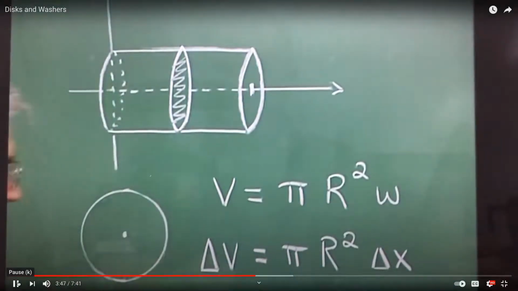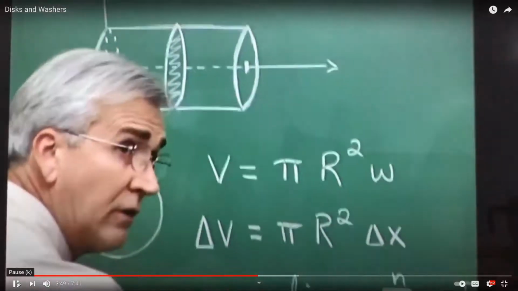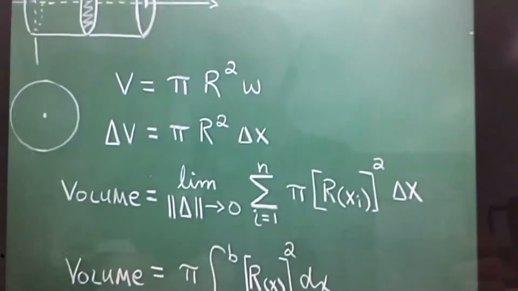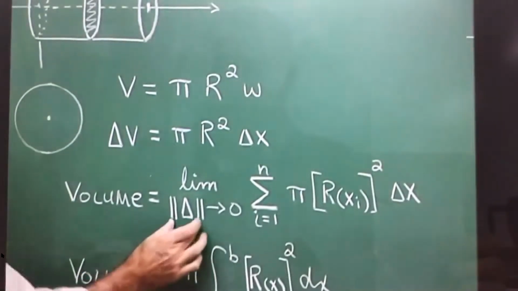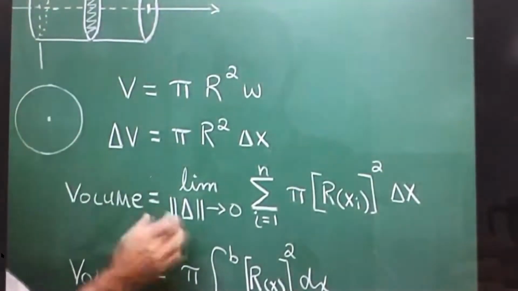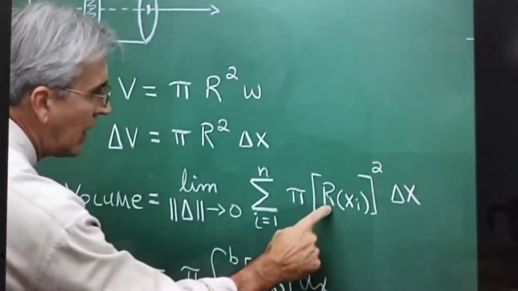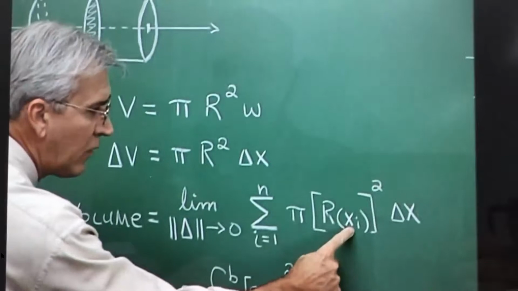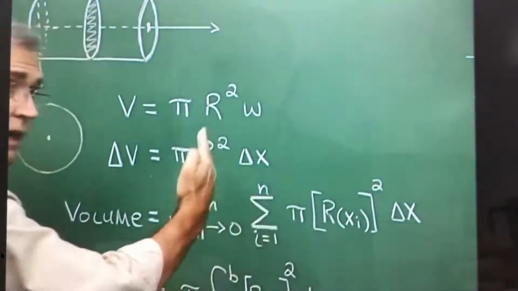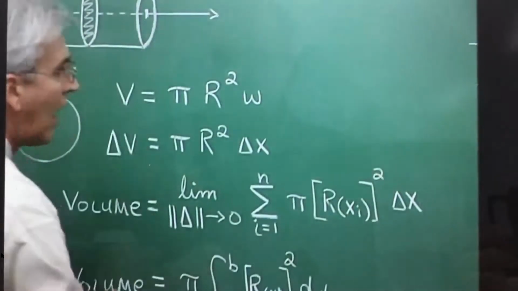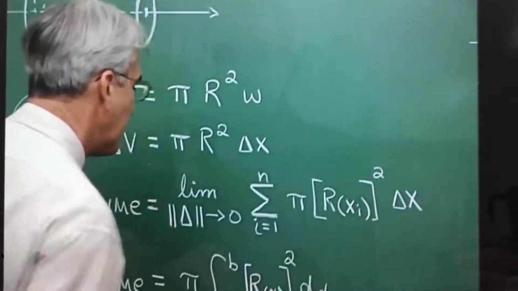The overall volume is the limit of a sum of this expression, and it's just been rearranged to accommodate the situation. Now notice the thickness is approaching zero in this limit idea. This radius is associated with an X subscript i, if we're counting the intervals along our cylinder and the delta X business.